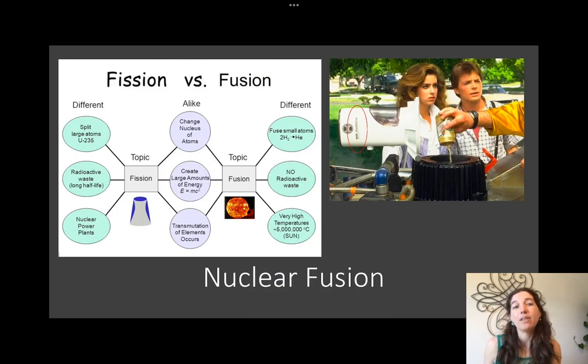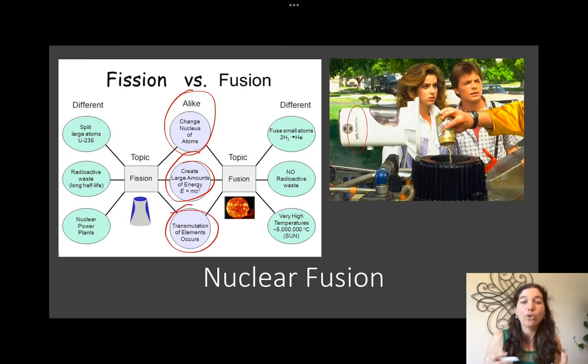So let's go over the differences between nuclear fission and nuclear fusion that we've learned so far. These things are similar in that they both change atoms' nuclei. They create new atoms entirely. There's large amounts of energy that come off of both of them. You're seeing, again, a new element being formed from something. However, they are different in that fission uses large atoms.